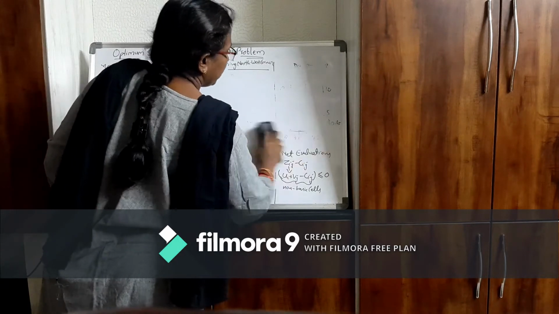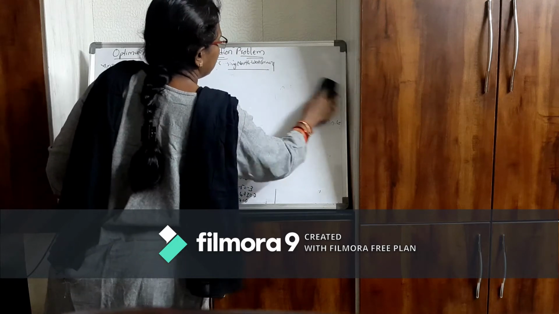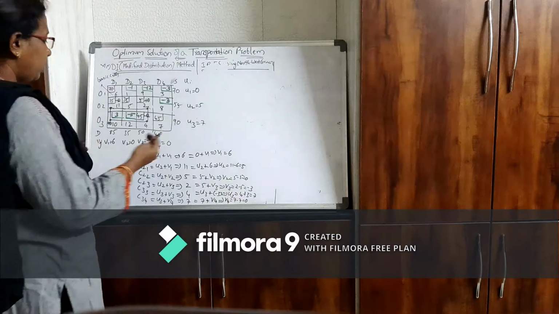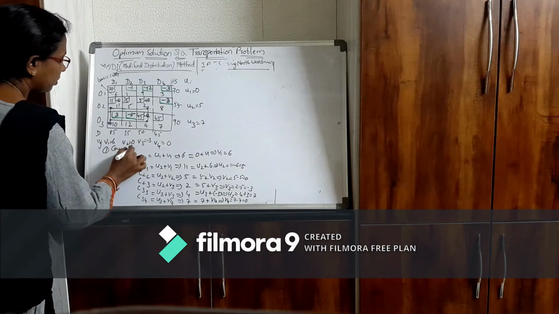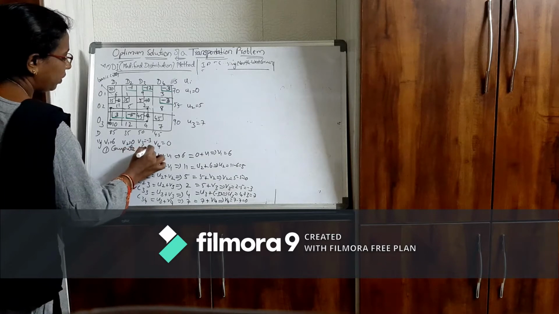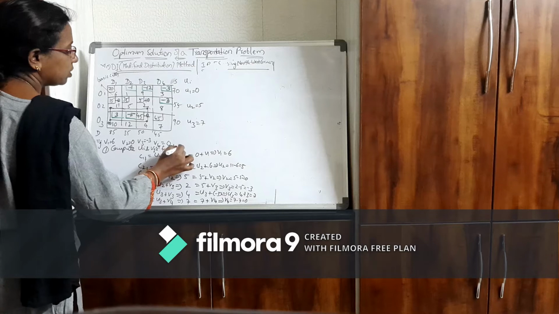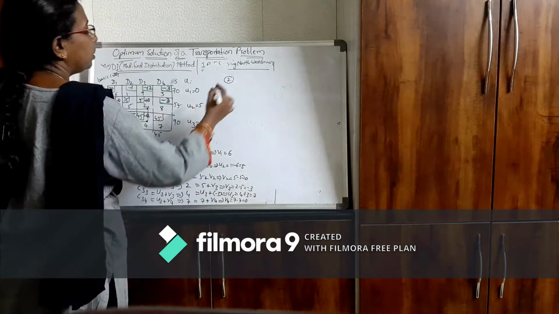So what you have to do here first? First you have to compute Ui and Vj's for basic cells. Second step is what?